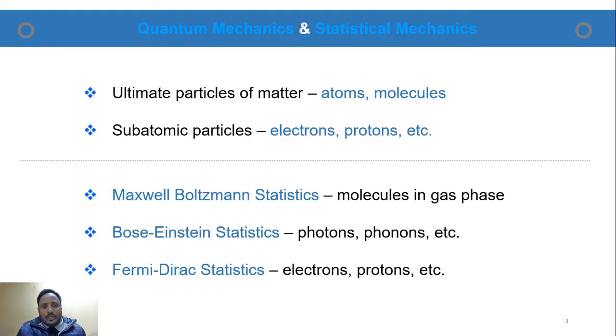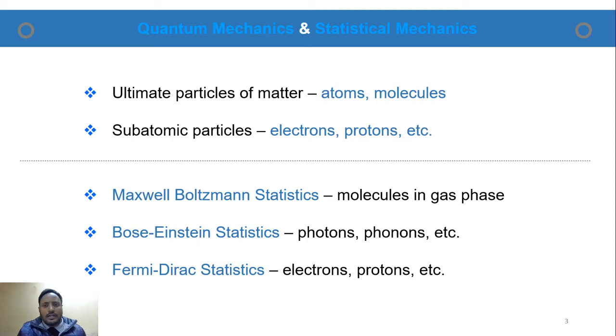Let us look at the difference between quantum mechanics and statistical mechanics. There is a clear-cut demarcation between the two branches of science. Quantum mechanics deals exclusively with atomic and subatomic particles of matter, such as it studies the position, the momentum, the energies of the particles.